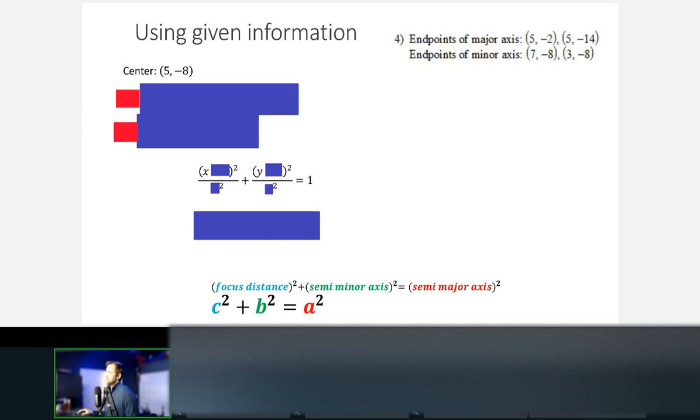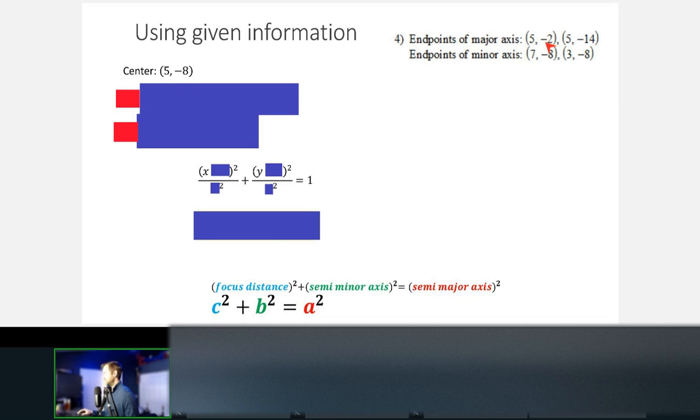Maybe doing the lengths. Between the points, let's do that first. So looking at these major and minor axis, you probably want to find the distance between these 2 points to see if from this point to this point versus from this point to this point.